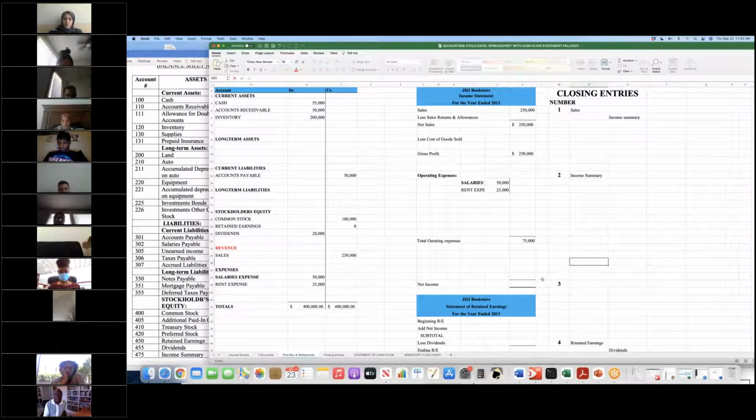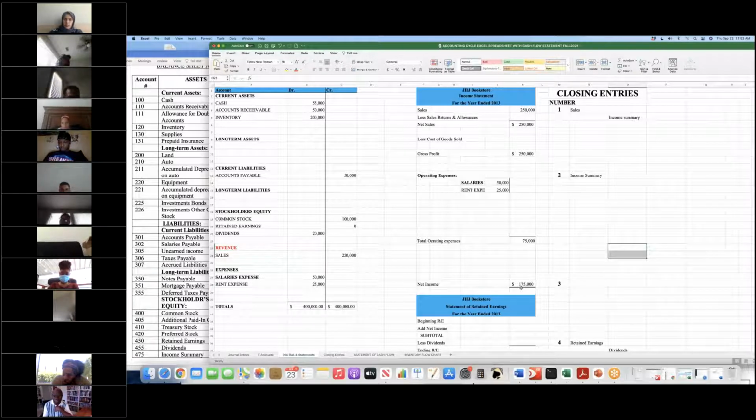And what's our net income going to be? Anybody know what the net income is going to be? $175,000. 175 seems right. And so we simply get that by gross profit less expenses.